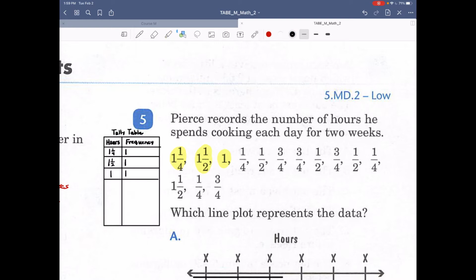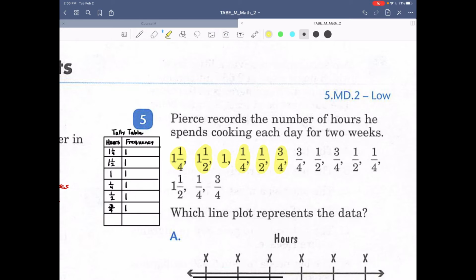And then I see a 1/4. I may have to add some room on my table. I see 1/4 down there. And then a 1/2 is there. And then 3/4 I see there.